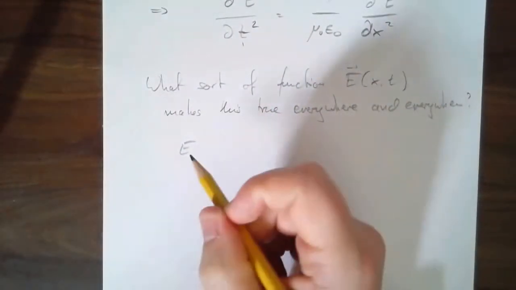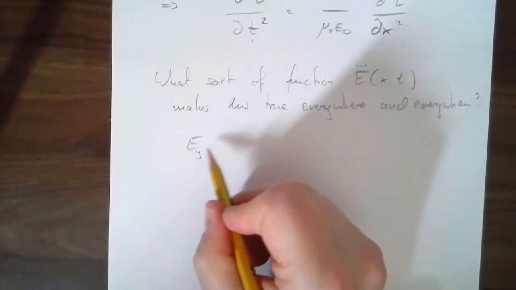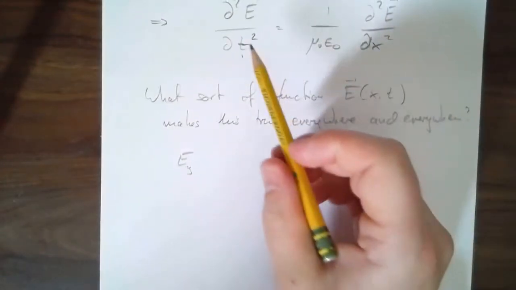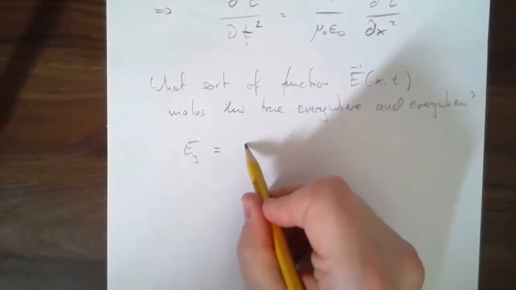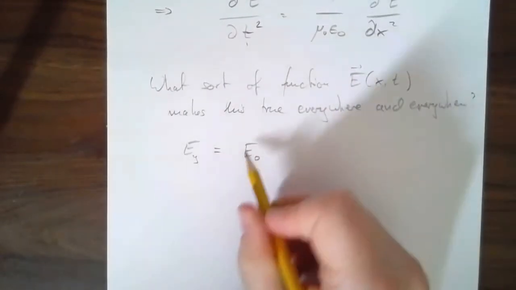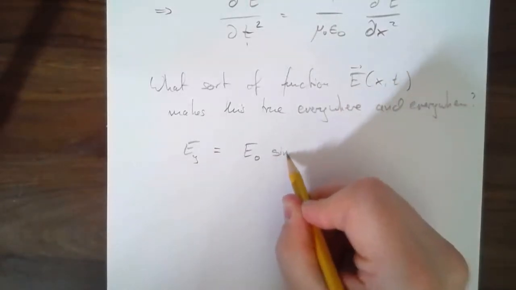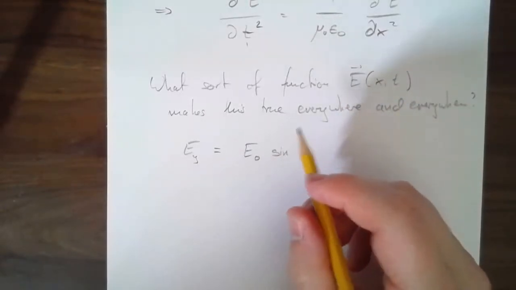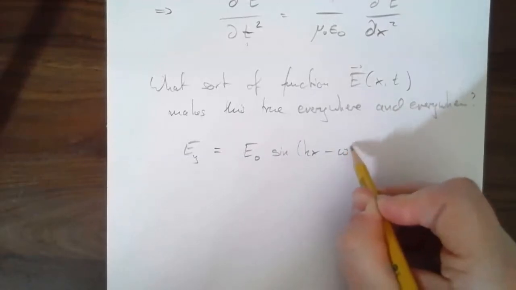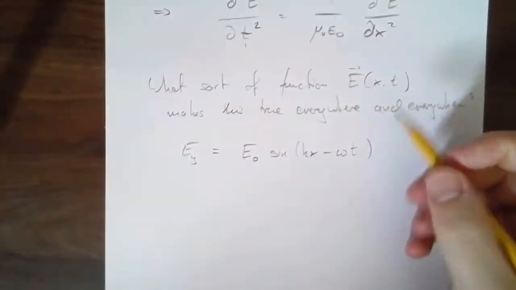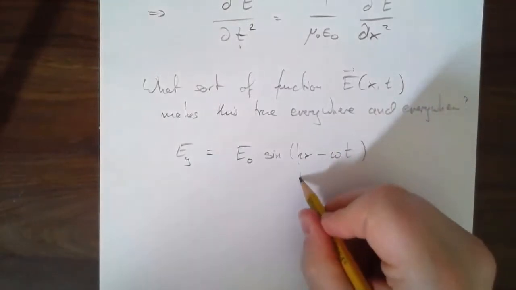Let's say the electric field, at least one of the components, let's say the y component, is some constant, I'm going to call it E naught, times the sine of kx minus omega t, where those two are really just constants.